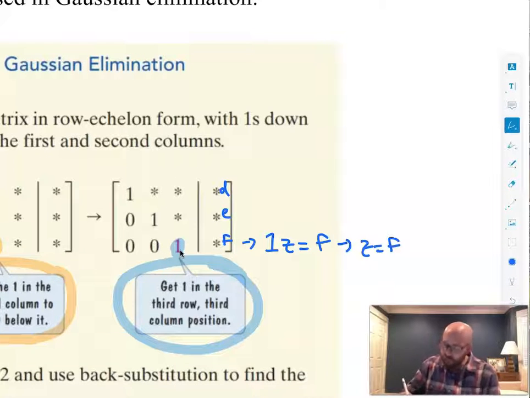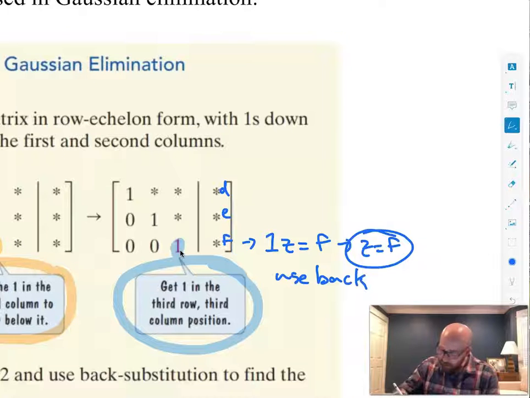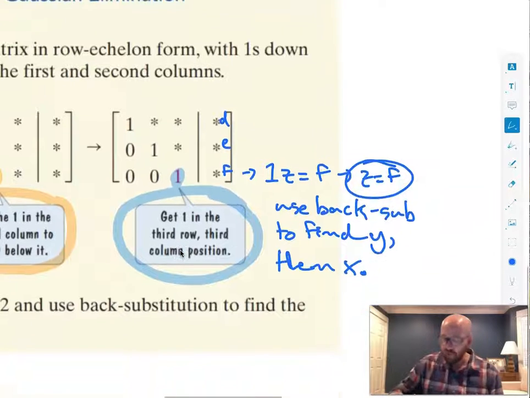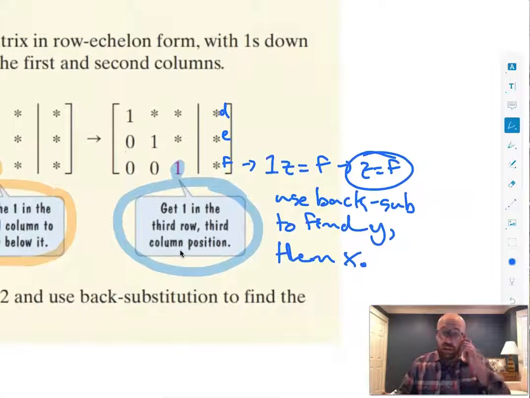And once we get what z is, we can use back substitution to find y, then x. We can use back substitution to find the remaining variables.